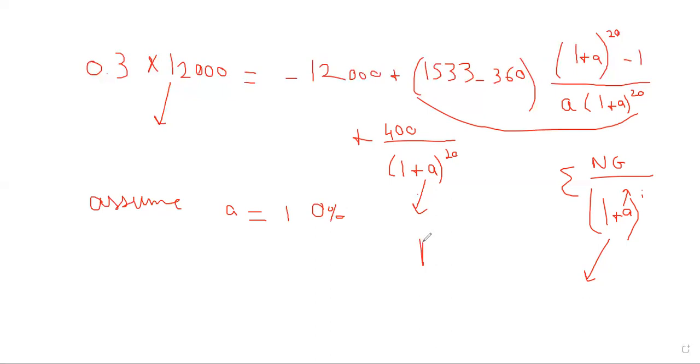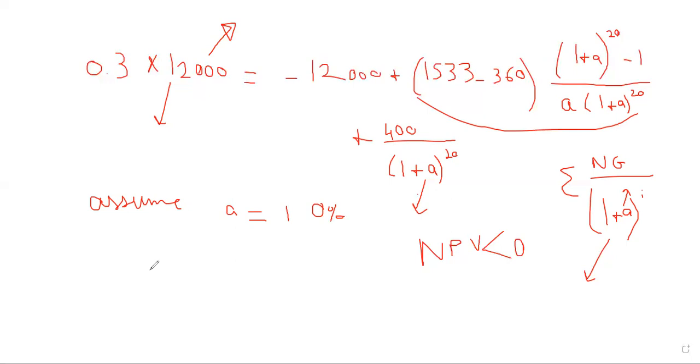The NPV will be negative. This means that you are far away from the right value of a, so you should reduce it. When you get a negative NPV, the value you assumed is really high, and you want to reduce it, because when you reduce a, you increase the numbers that you get from the other side. So of course, it's not 10%.